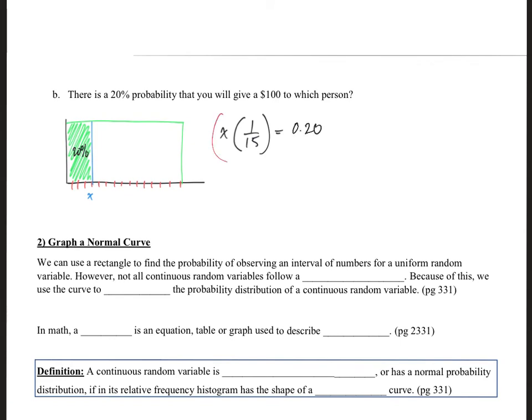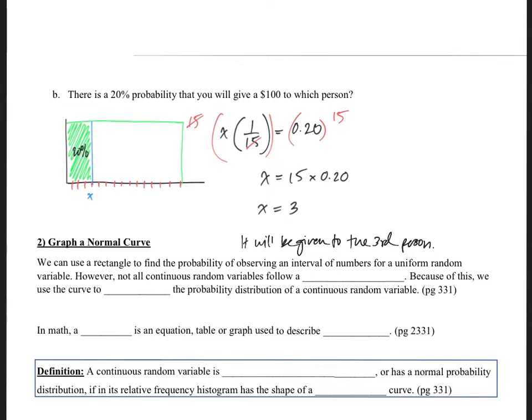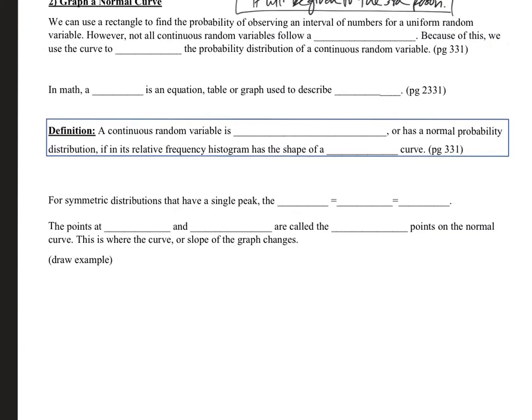Okay, so solving, we're going to multiply both sides by 15, and we'll get x equals 15 times 0.20, so x equals 3. So it will be given to the 3rd person. Or a 20% probability it'll be given to the 3rd person.